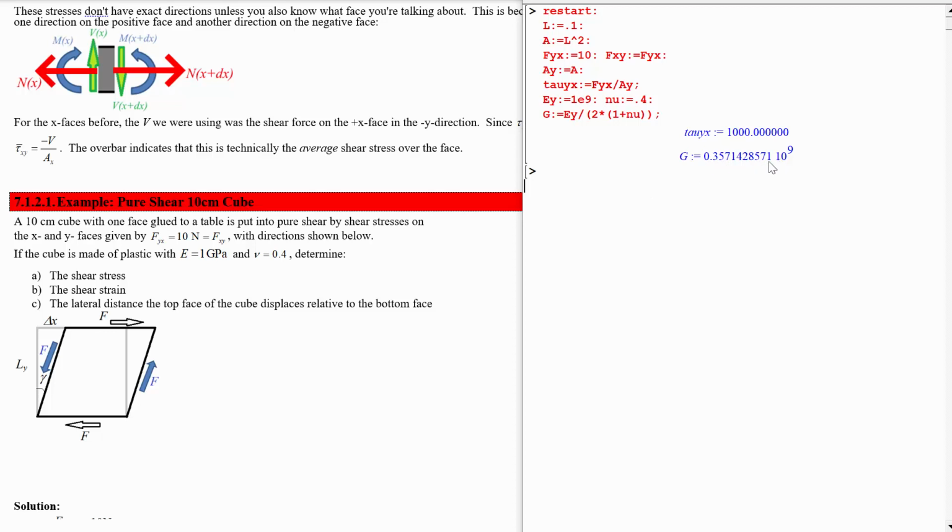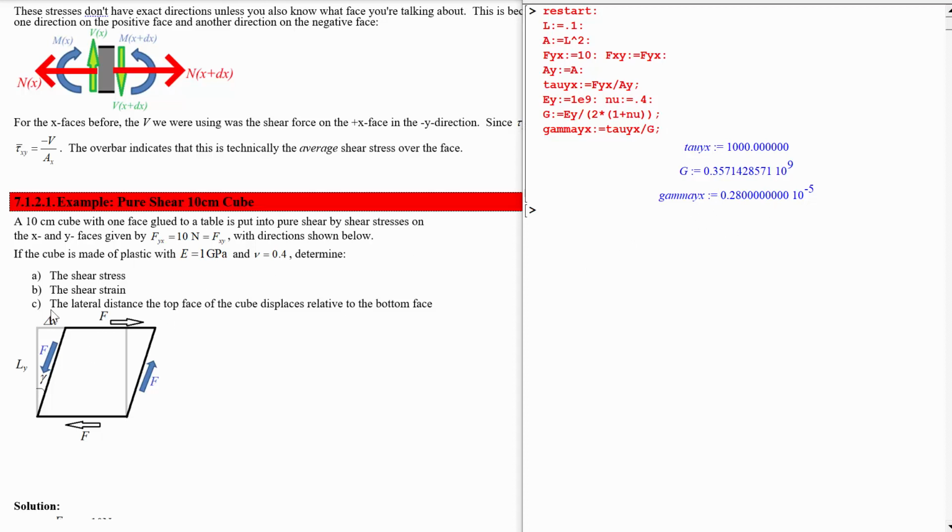Read that wrong. 0.357 gigapascals, 357 megapascals. All right. So now we can figure out gamma. Gamma yx, on the y surface in the x direction, would be equal to tau yx divided by G. Okay, so 0.28 times 10 to the negative 5, or 2.8 times 10 to the negative 6.